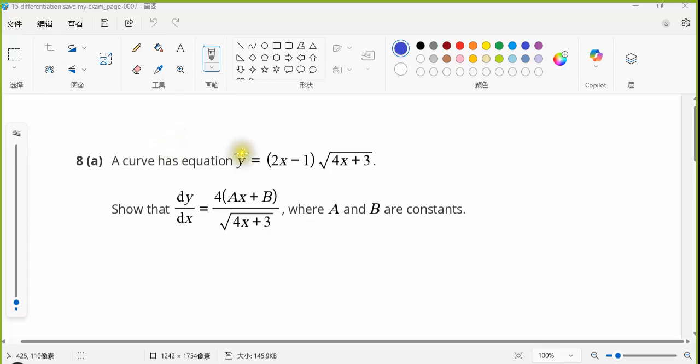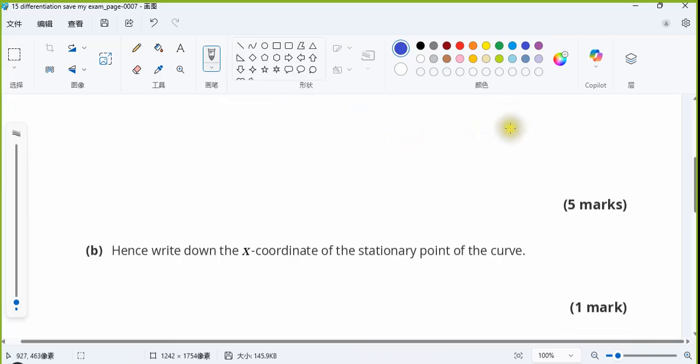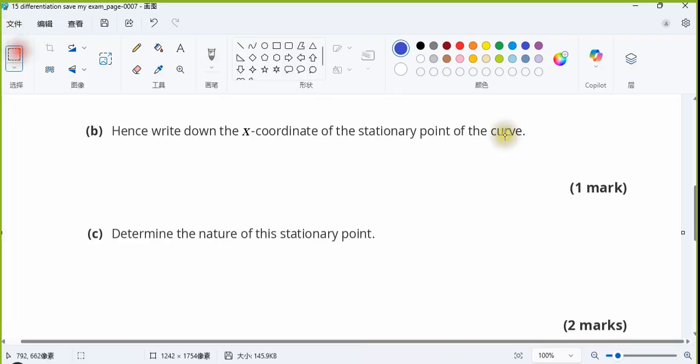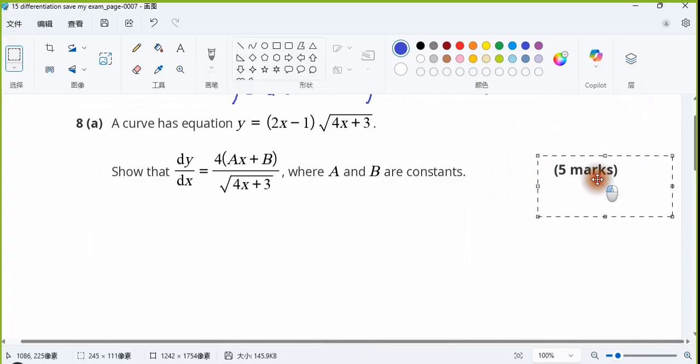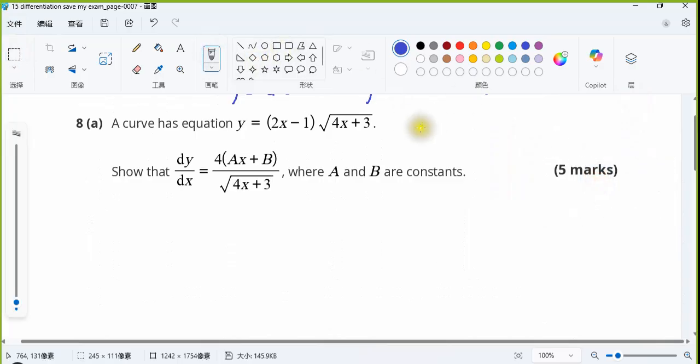A curve has an equation of this. Show that dy/dx is in this form. So we have y equal to uv. So y prime is uv prime plus vu prime. And then this y we can rewrite as 2x minus 1 times 4x plus 3 to the power half.